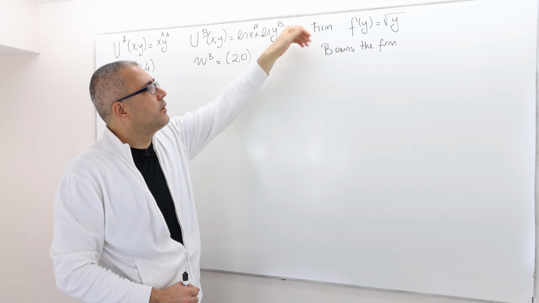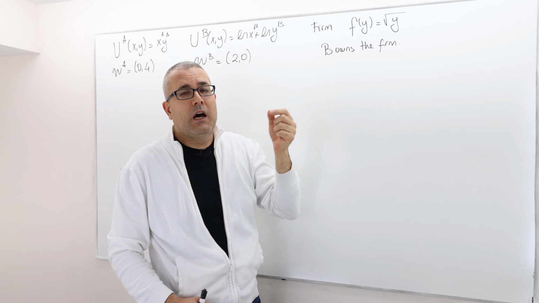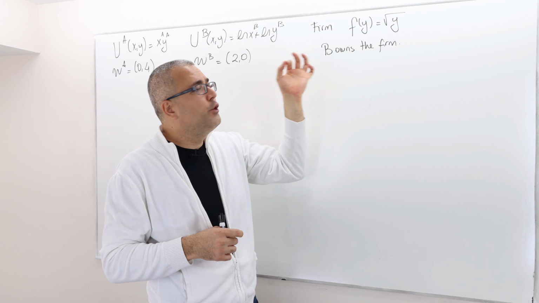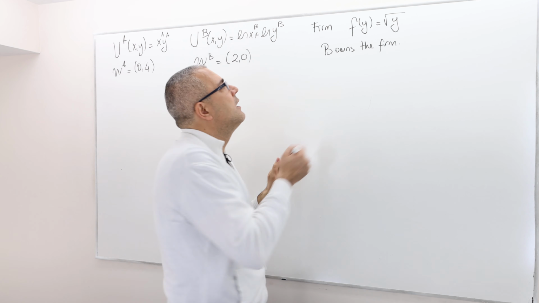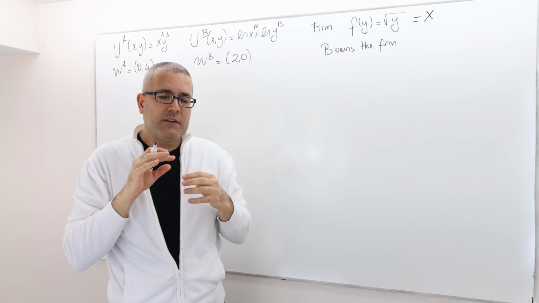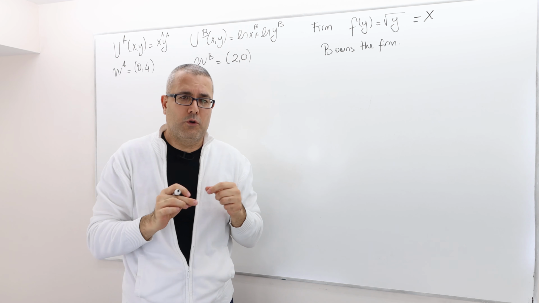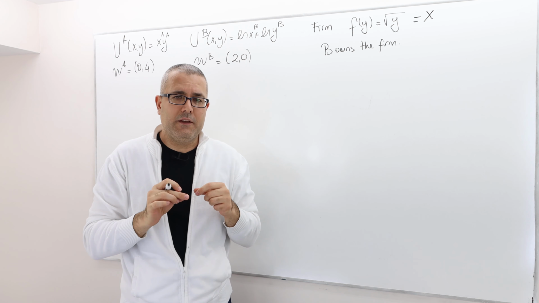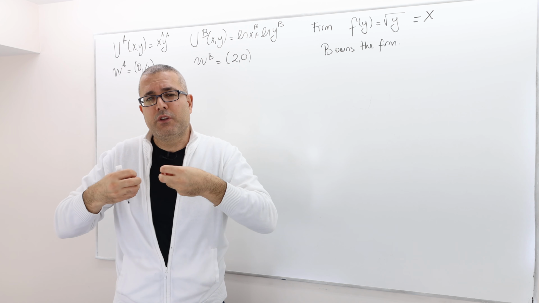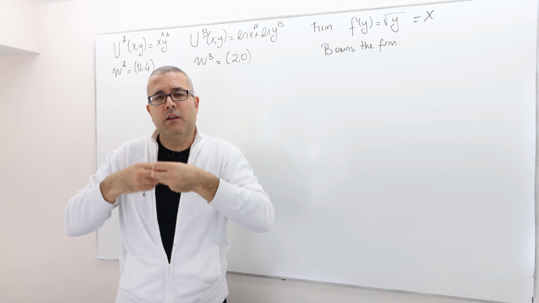The firm is going to consume good Y because it's the input, and then produce good X. So the firm is the supplier for good X and a consumer, quote unquote, for good Y, because good Y is an input that is plugged into the production function and produces good X.